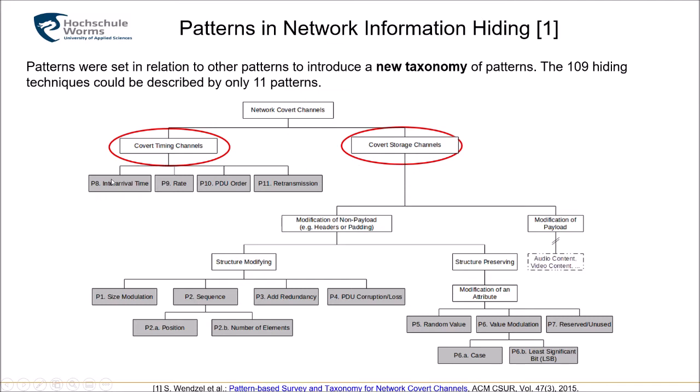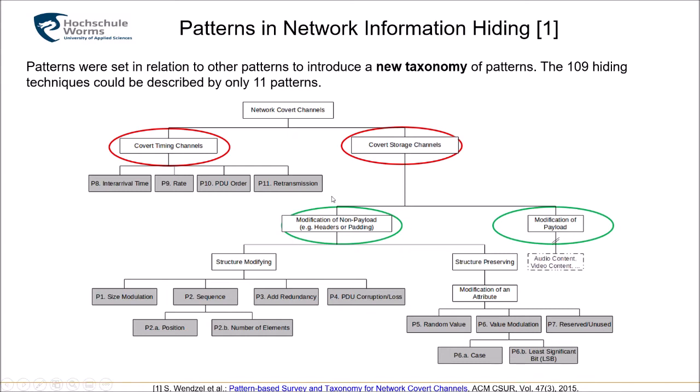For the timing channels, we have 1, 2, 3, 4 patterns defined, and for the storage channel, well, we have a distinction first. We can either modify non-payload, like the network protocol header or padding, or the payload itself, which would be in the original view, audio, video, or in general, digital media steganography.